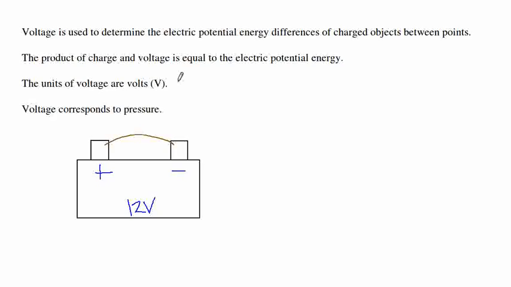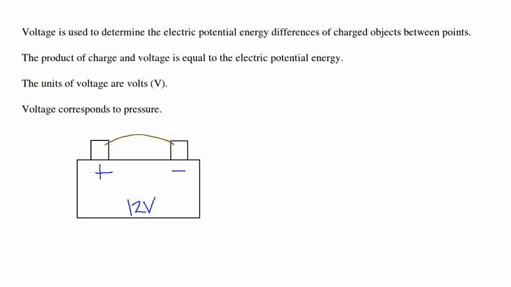Then as they moved from one node to the other, the change in electric potential energy would equal the product of the charge of the electron and the difference in the voltage at each node. So 12 volts denotes the difference.